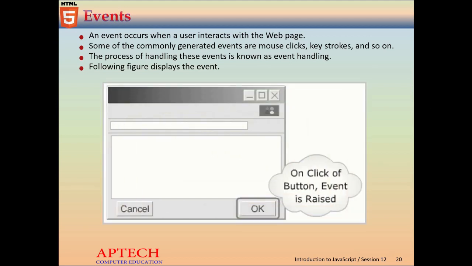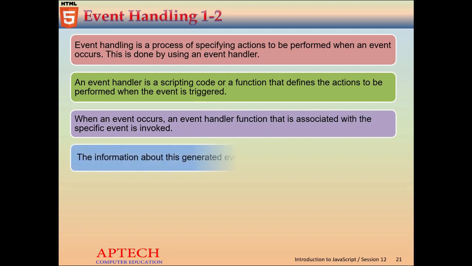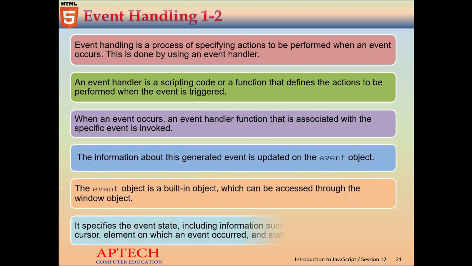The event may be when the user clicks a button. When the user clicks a certain button, that means a button event is raised, a click of the button event. Event handling is a process of specifying actions to be performed when an event occurs.